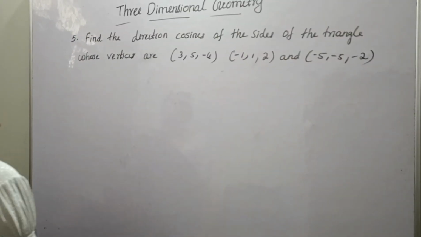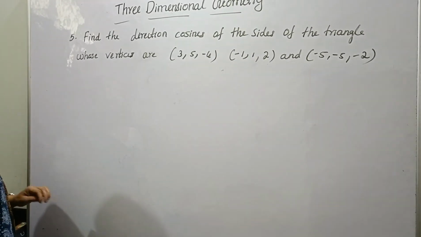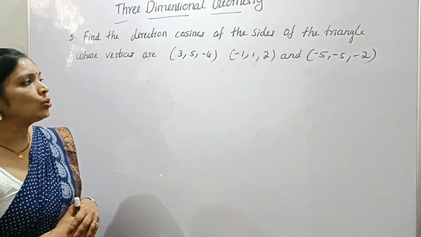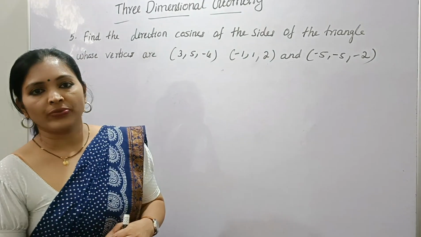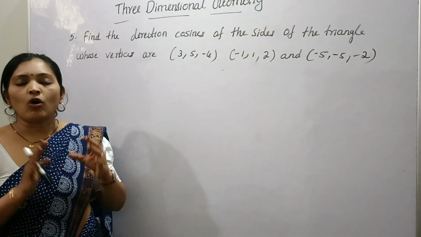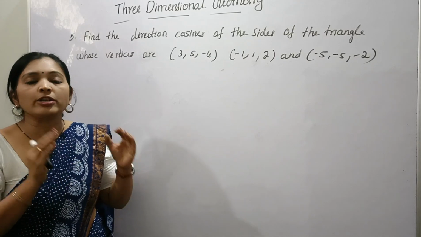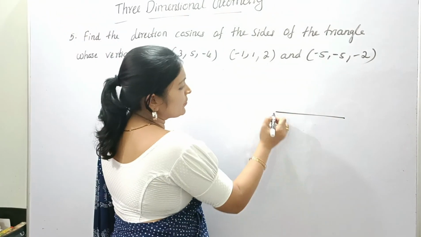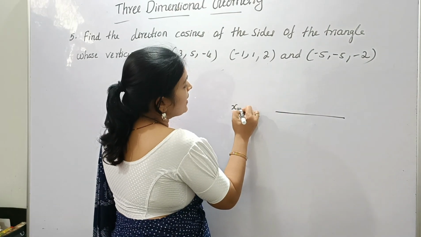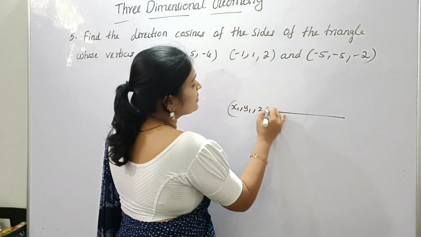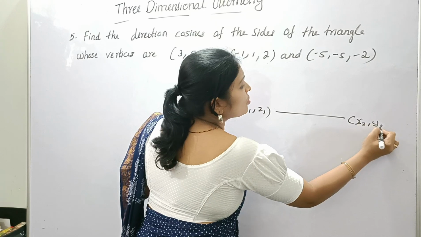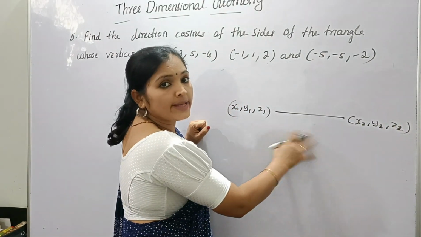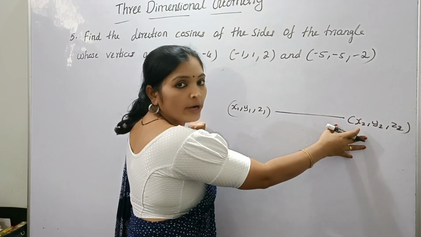Find the direction cosines of the sides of the triangle whose vertices are 3, 5, -4, -1, 1, 2 and -5, -5, -2. See here, in this chapter we have already studied how to find the direction cosines of a line joining two points. Suppose it is a line joining the 2 points x1, y1, z1 and x2, y2, z2. Now how to find direction cosines of the line joining these points?